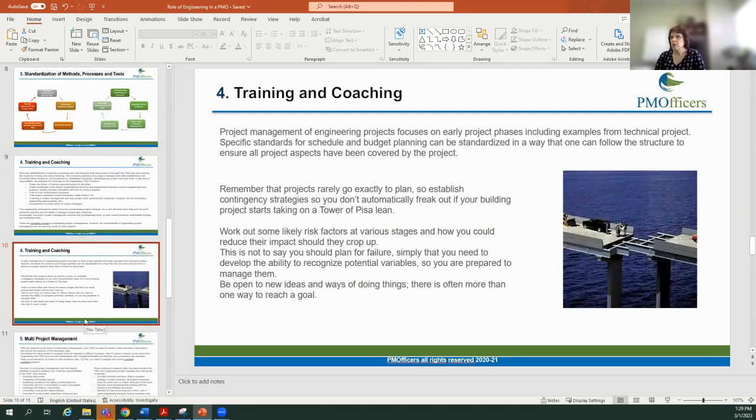So project management in engineering projects focuses on early project phases, including examples from technical projects. Specific standards for schedule and budget planning can also be standardized in a way that one can follow the structure to ensure that all project aspects have been covered by the project.